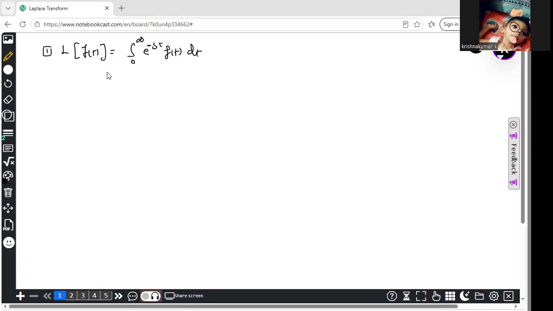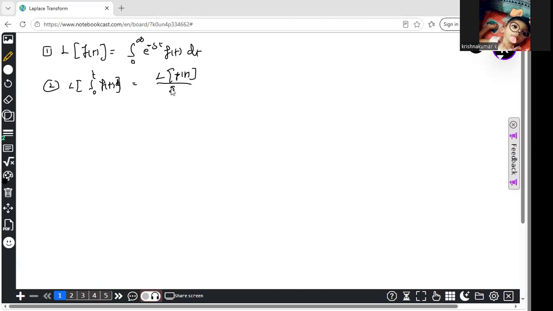The second one is the Laplace transform of the integral from 0 to t of f of t dt. Here we are finding the Laplace transform for the integration. In this case, this is nothing but the Laplace transform of f of t, whole divided by s, isn't it?